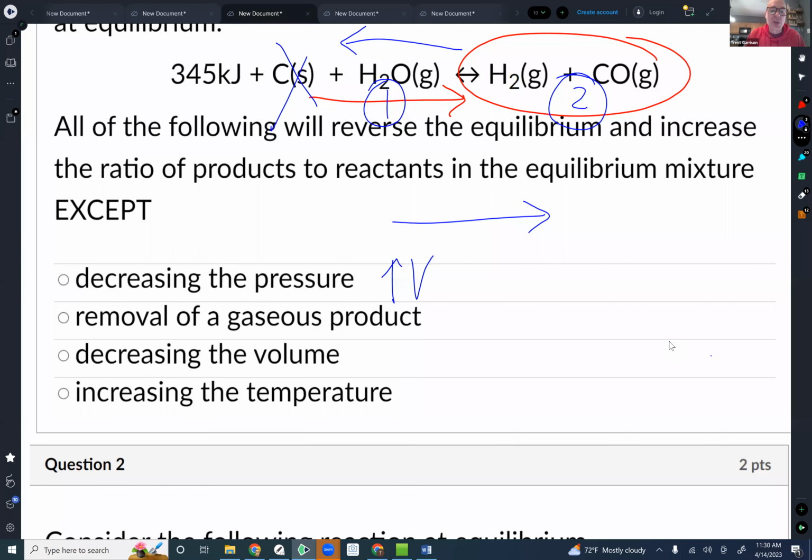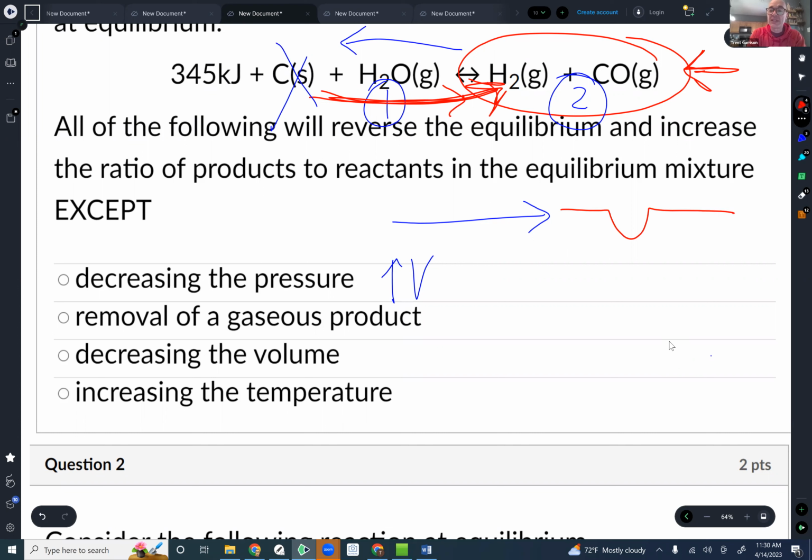Okay. So now, if we remove gaseous product, that means also that product is over here. If we remove anything from this side of the equation, the reaction is going to shift to go and fill it up. It's the you have a divot, I need to go and fill it up situation at the beach. So that is not going to be a correct answer.